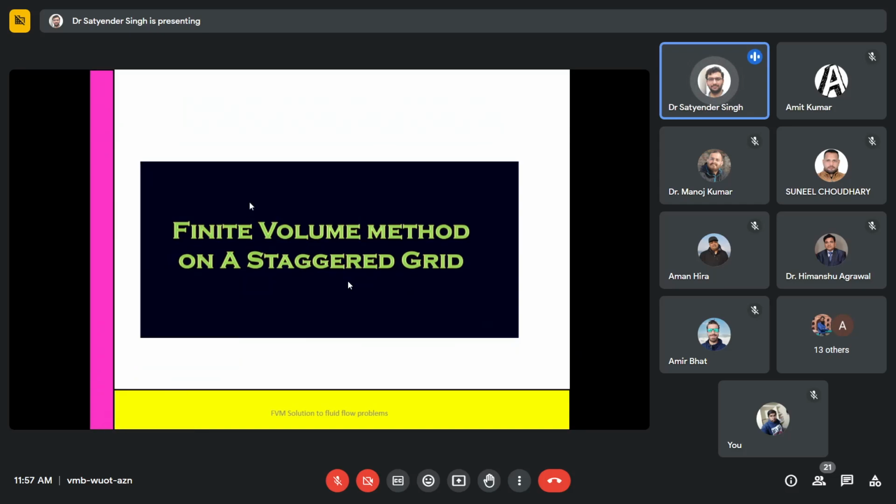Now I'm going to discuss with you the staggered grid. Before discussing the staggered grid, there is a need to define the difficulties in assigning locations to the various variables that arise in fluid flow problems.